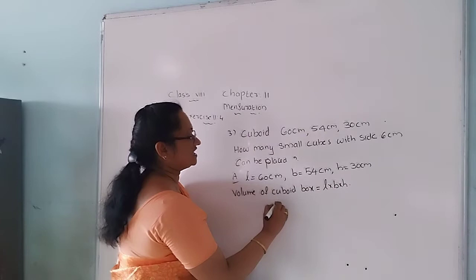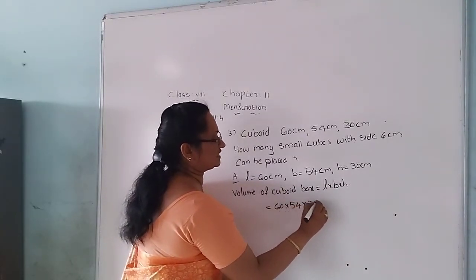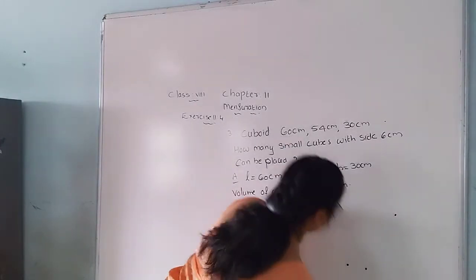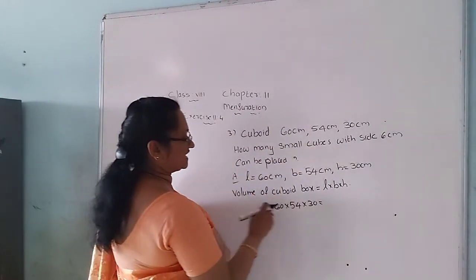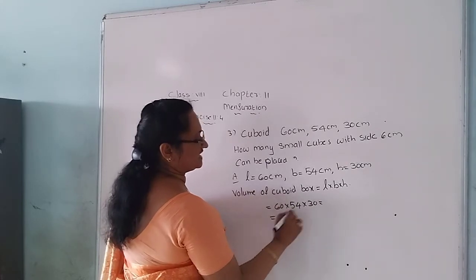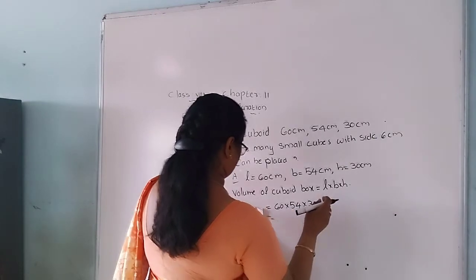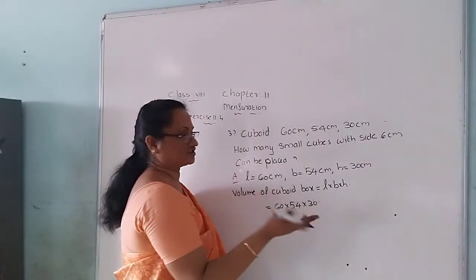Value: 60 into 54 into 30. Multiply it out; you can multiply 54 into 6 and then multiply that answer with 30, or write it later anyhow.